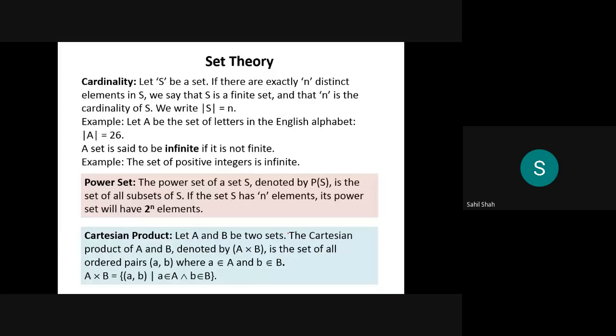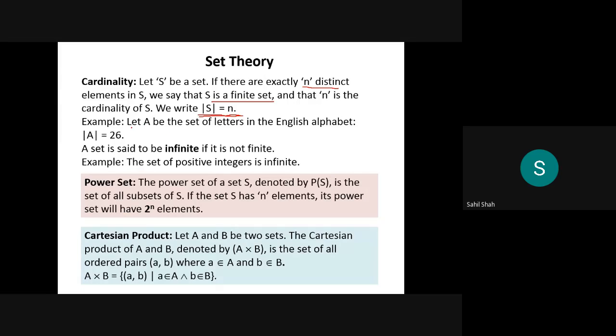Moving further, this discussion is on cardinality, finding out the total number of elements in a set. So let S be a set. If there are exactly n distinct elements in S, we say that S is a finite set. And for cardinality, we use this symbol: two vertical lines around the set.